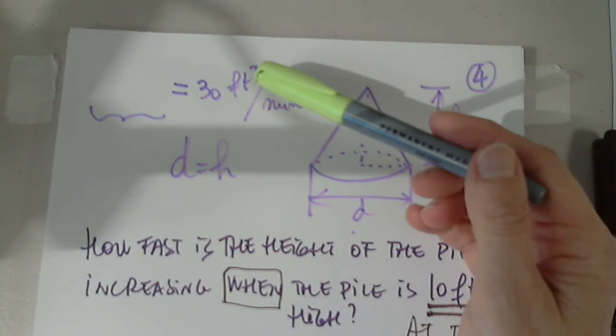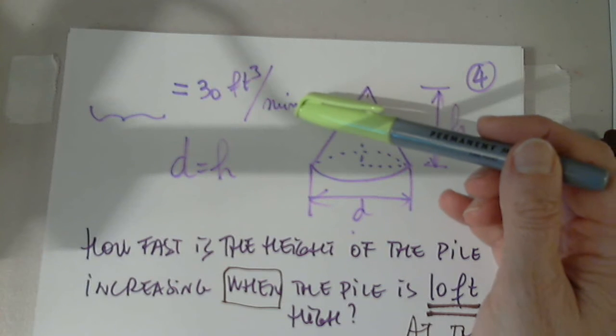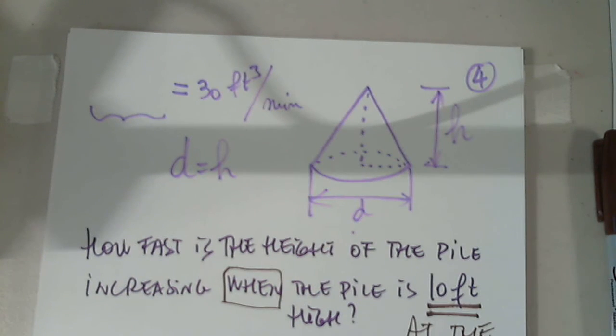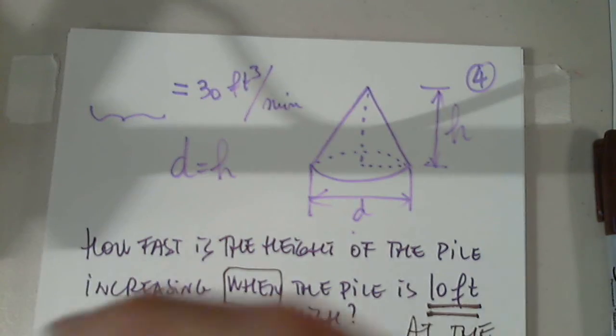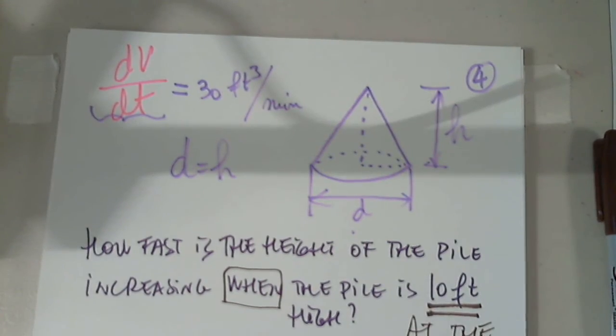Not too difficult, because I see the measurement unit is cubic feet, and I see the measurement unit, which is minutes. So I know what this is. Can anyone give it a shot? The rate of change of volume with respect to time. Excellent.